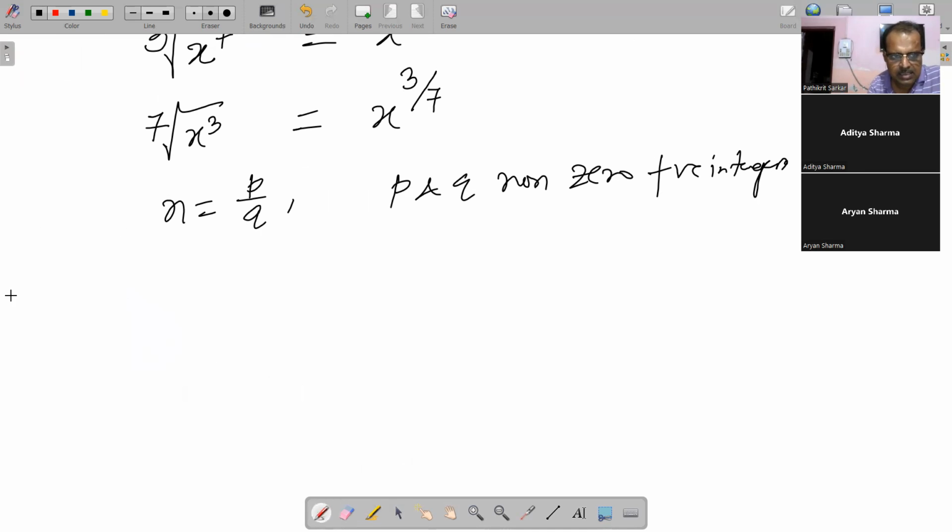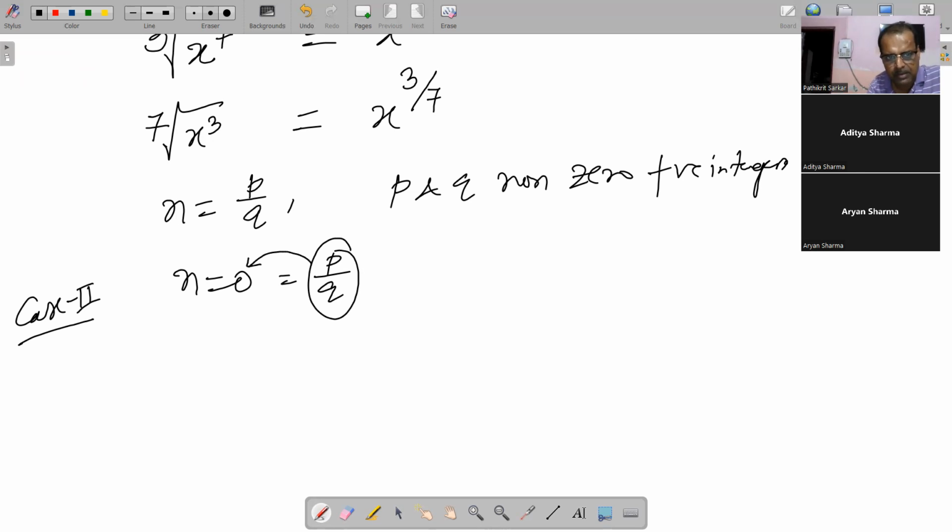But in case 2, if we find that n is equal to 0, that means we can say p by q is equal to 0. So if the value of p by q is 0, x to the power n comes down to x to the power p by q, and that is equal to x to the power 0. In that case, what would be the value of x to the power 0?